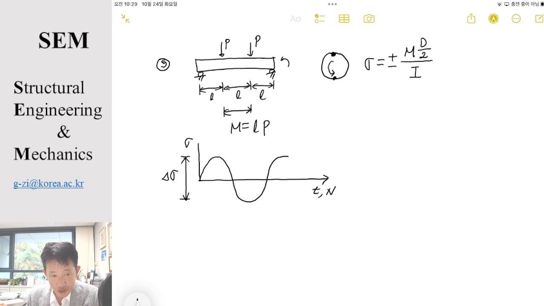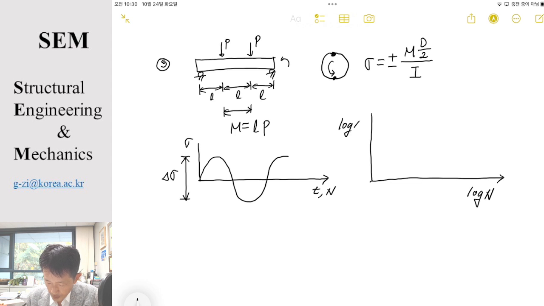If you do the test until the specimen completely fails, then we can obtain the so-called S-N diagram. The horizontal axis is the log of number of cycles before failure, and usually the vertical axis is the log of stress range. Then for various stress ranges, we have different numbers of cycles before complete failure of the specimen. Okay, this is what we do at the specimen size.